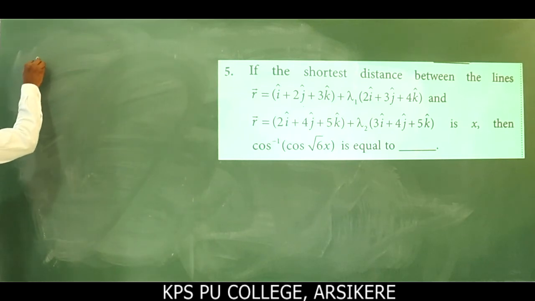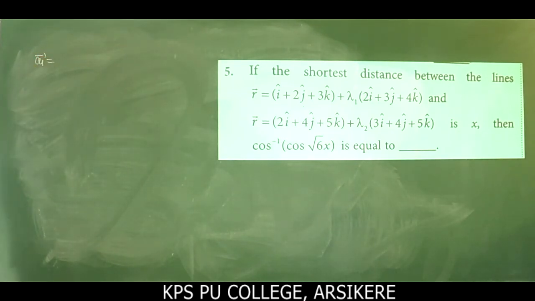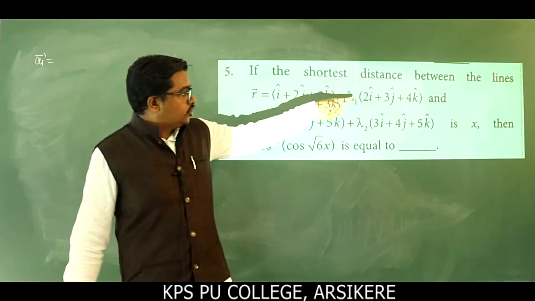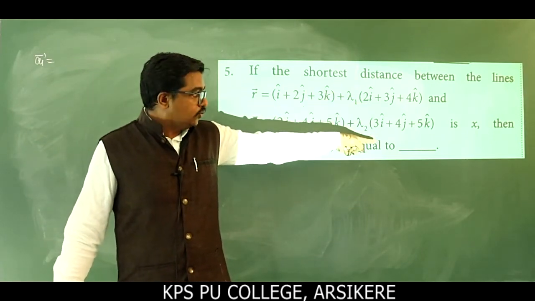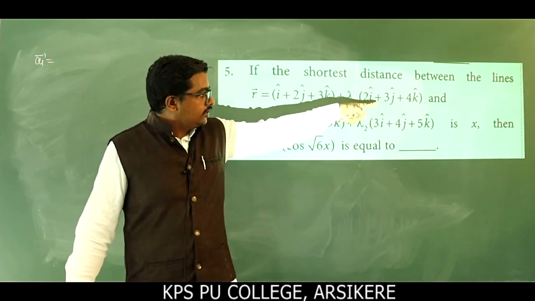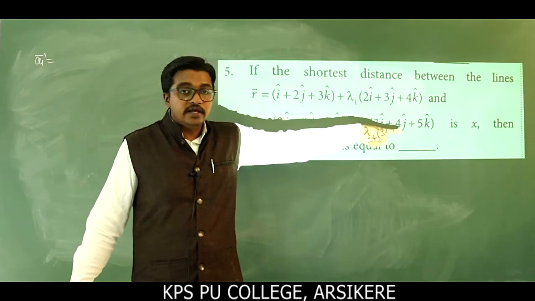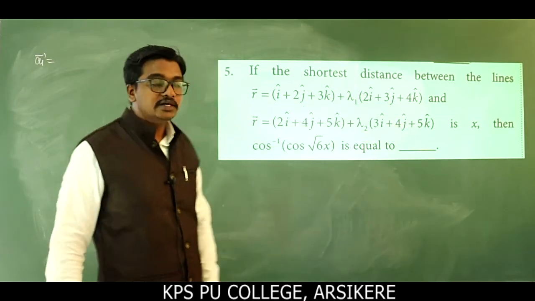So write the vector a1 of the line L1. Because these two lines are skew lines, just observe the vectors b1 and b2: 2, 3, 4 and 3, 4, 5. They are not proportional. Hence the given lines are skew lines.